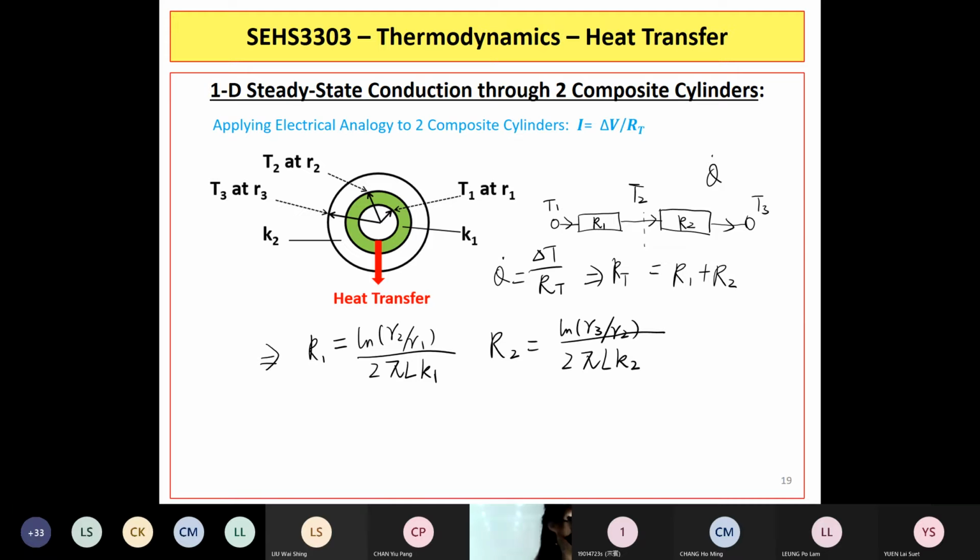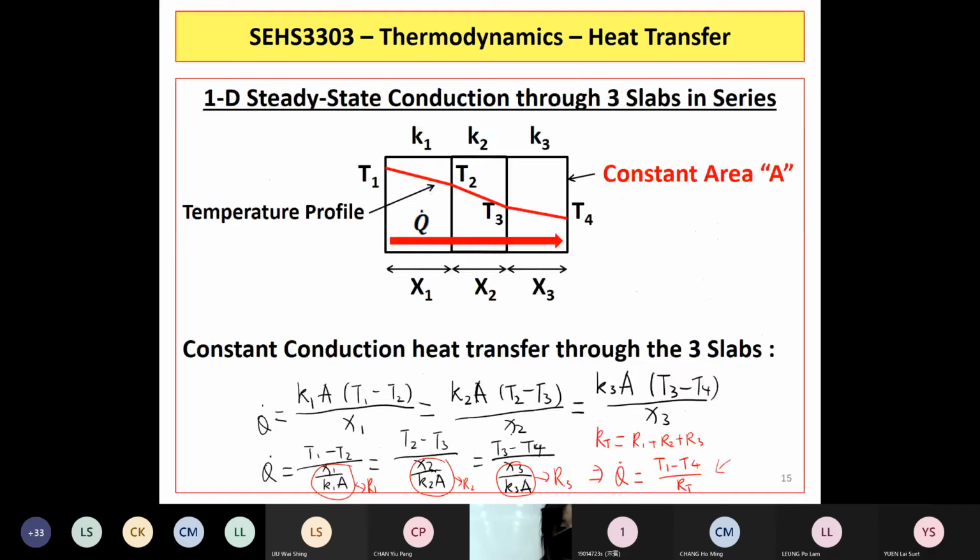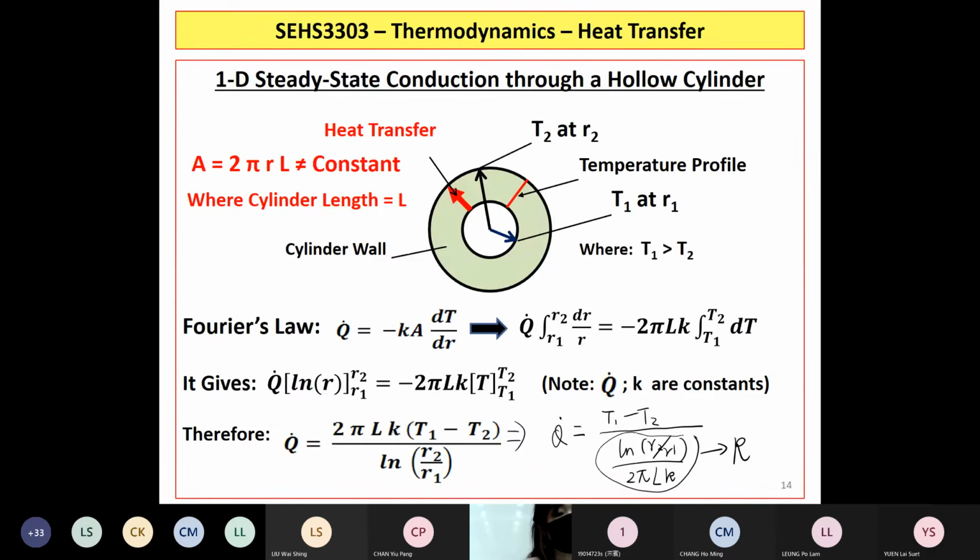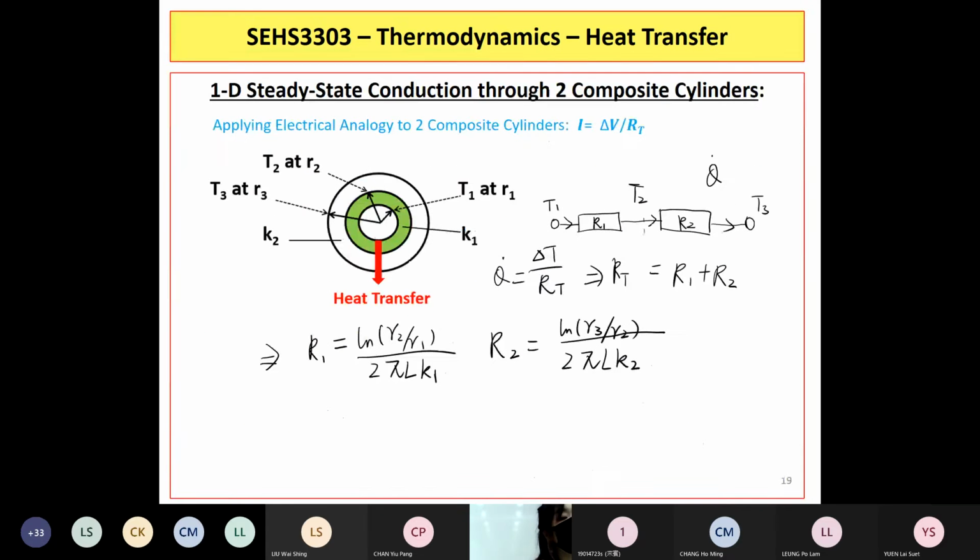At this point, any problems? Can you understand? RT is the total resistor, okay? And for R1 and R2, we use the equation for a circular pipe. So we plug these two equations into this equation.